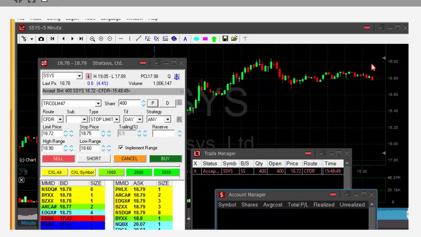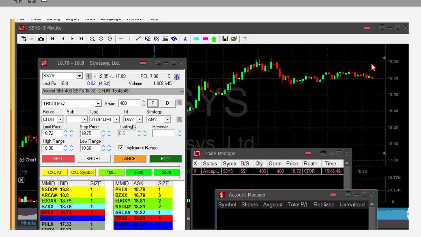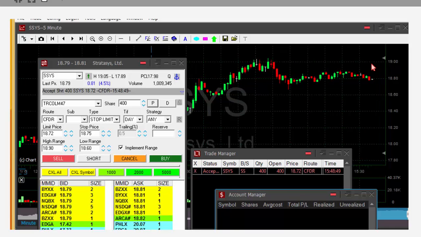Now, let me tell you this, it's used less during a trading session. By the way, you can use it. The other thing that I showed earlier was, what's the difference between this one that I used right now and the range order? Is there any difference?